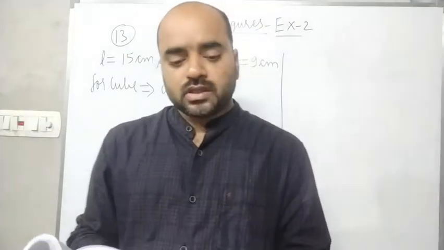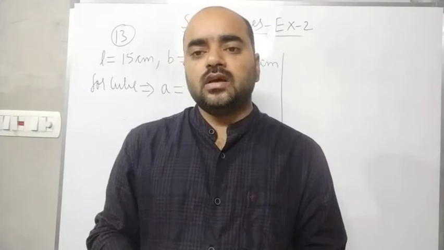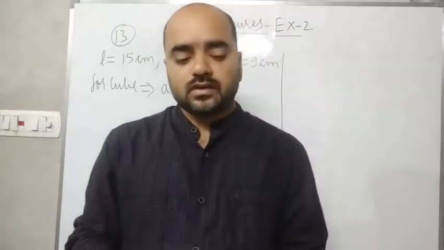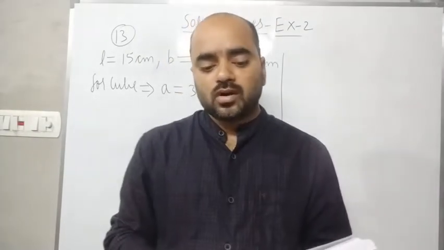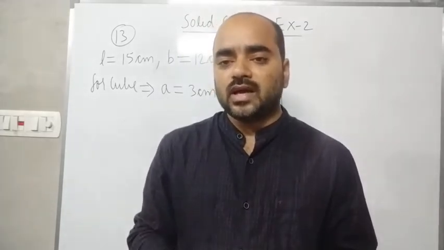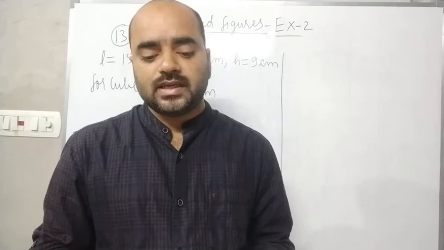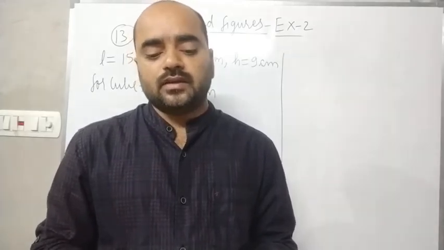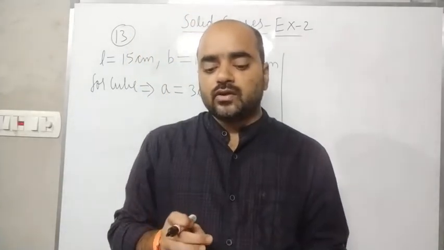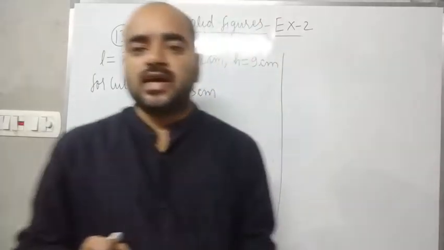So the next question is question number 13. Internal dimensions of a box are 15 into 12 into 9, all in centimeter. How many cubes of side 3 centimeter can it contain? First part: how many cubes of side 3 centimeter can it contain?